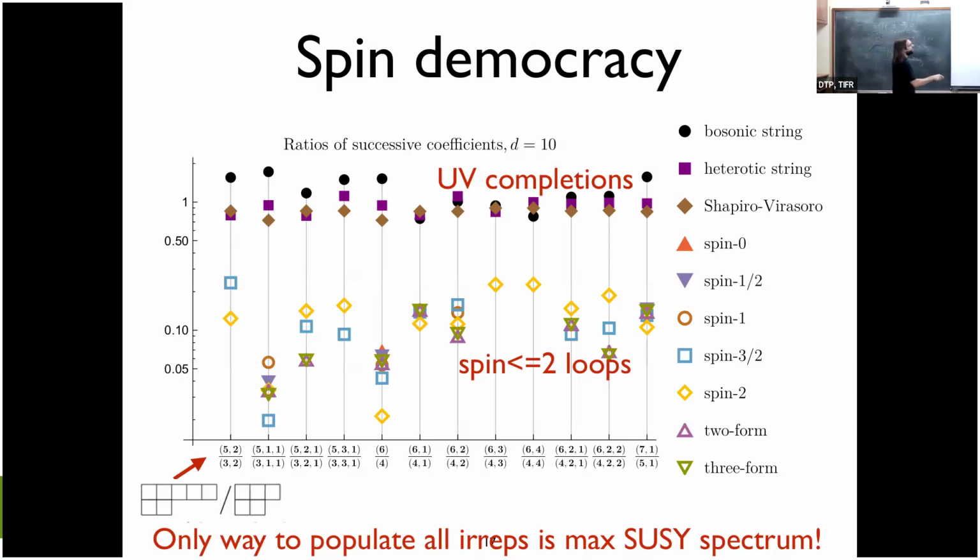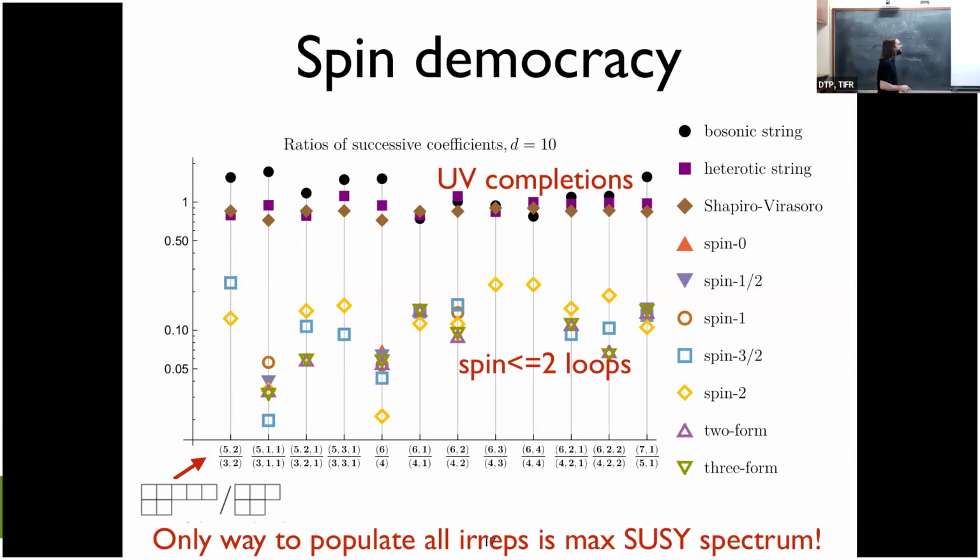So for example, it's very clear that if you don't have a spin 2 particle running in the loop, the representations with the weirdest possible shape, like 4-4, you never get. So there are some representations that are only populated by spin 2 running. But also, if you don't have the gravitino, you won't quite get the same ratio. So you need a spectrum that's SUSY on average in order to get the flat curve.